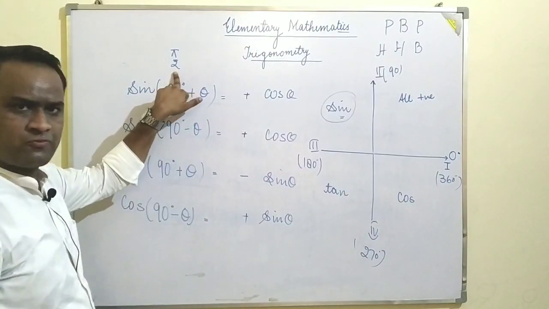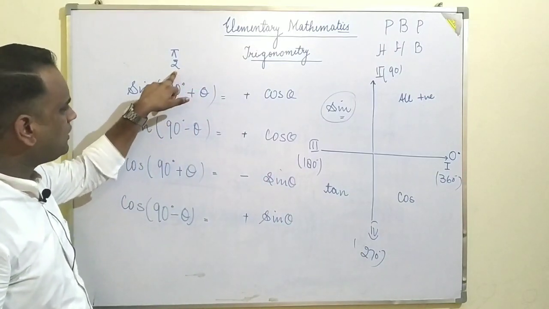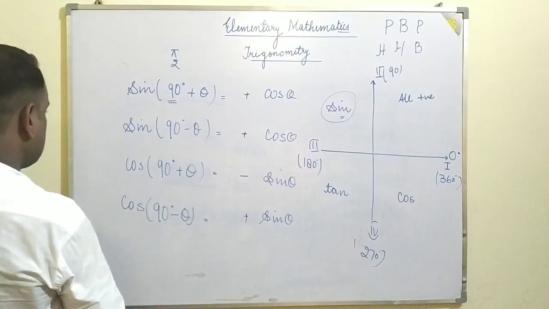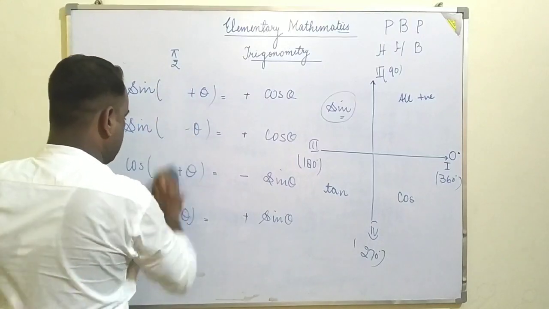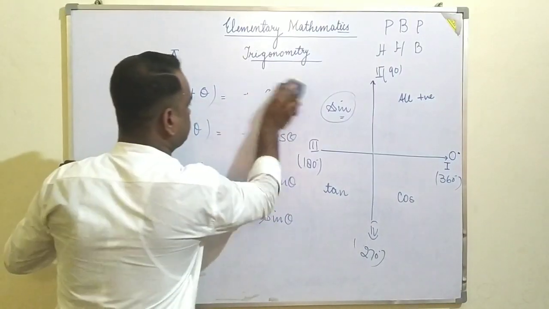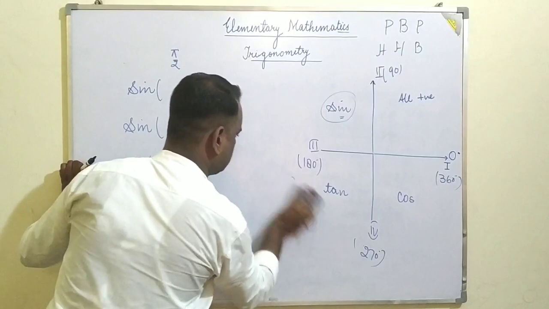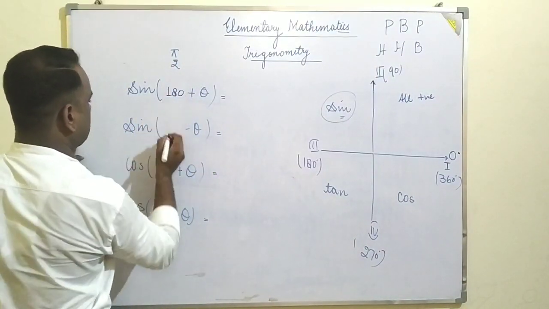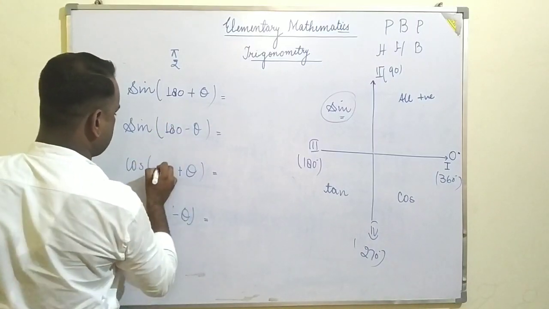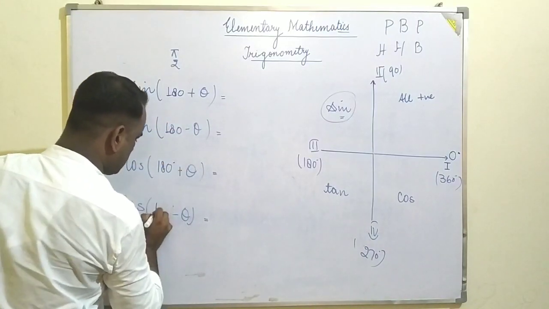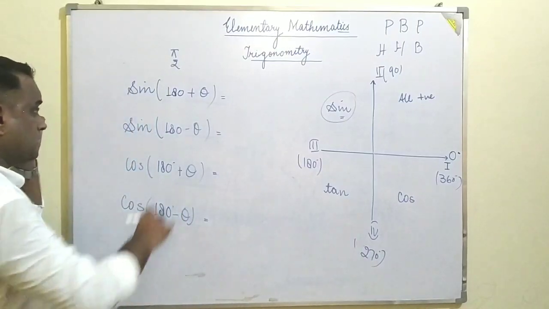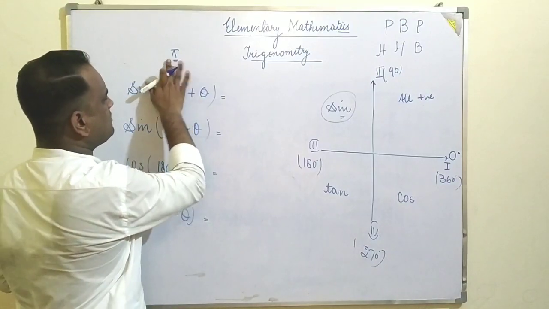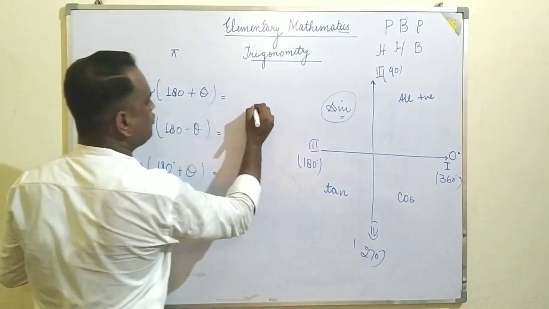Here the transition was from pi by 2. Now we are going to learn for 180 degrees. So I am going to erase here. A slight change I am going to make: here theta becomes 180, and 180 means pi. Students, as I have given you the idea, if the transition is pi, the function will not change.